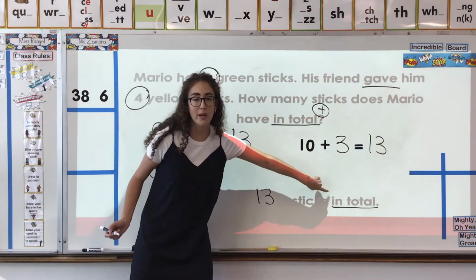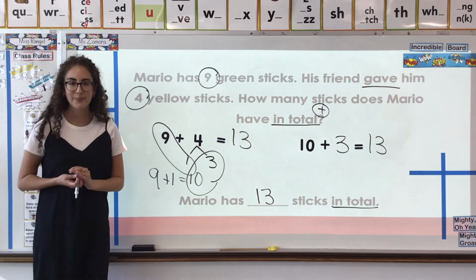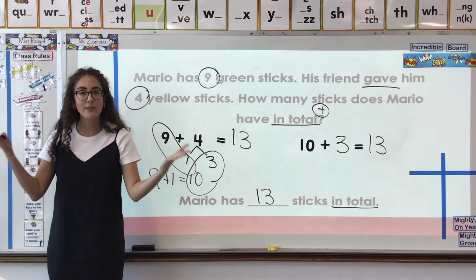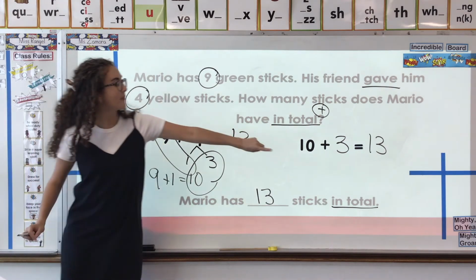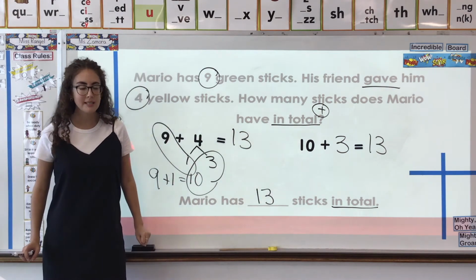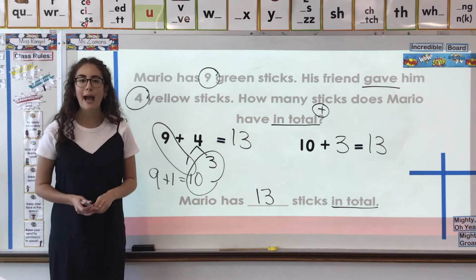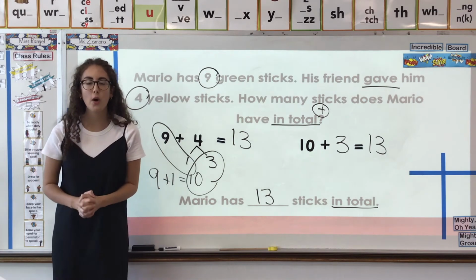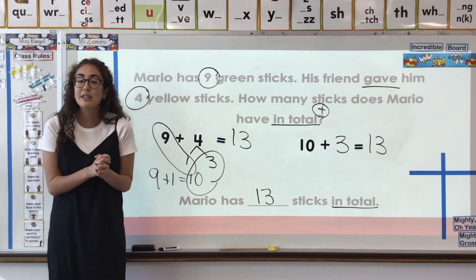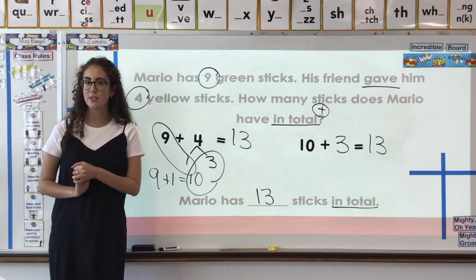There's our clue word that we took right from our problem. So we solved this story by turning our addition sentence into a 10 plus fact. And then we said our answer and wrote it out with words. So this is all the work that goes into a word problem. I think it's so fun because there's so many clues and mysteries we have to solve.